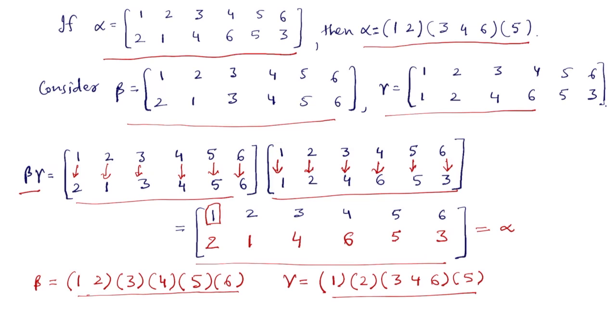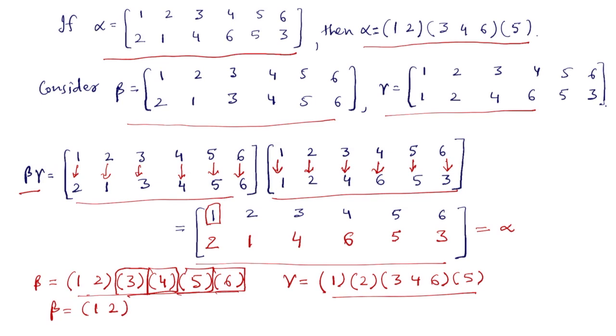Now if we agree not to write the cycles of this type where an element is fixed, goes to itself, so we will not write 3 goes to 3, 4 goes to 4, 5 goes to 5, and 6 goes to 6 in beta, with the understanding that the number that is not appearing in the cycle notation form goes to itself. So beta simply becomes (1 2).